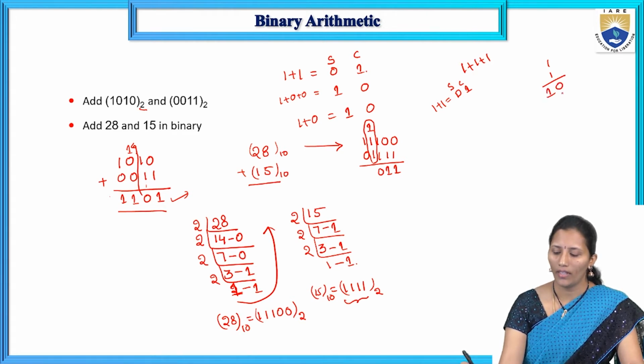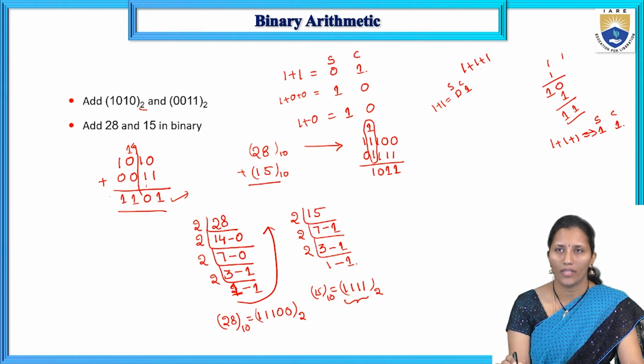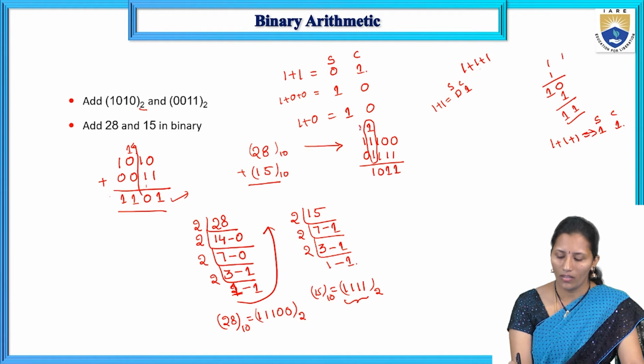Okay. Again we have to add 1 here. We have to add 3 ones. 1 plus 1 plus 1. So 0 plus 1 it is 1. And here carry is 1. So if we add 3 bits, 1 plus 1 plus 1, sum we are going to get 1 and carry also we are going to get 1.